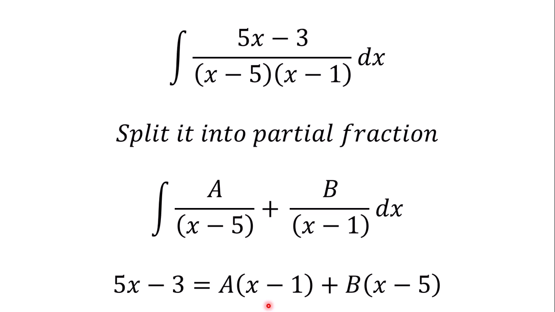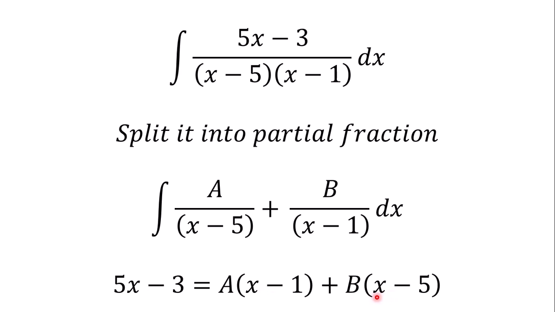So how are we going to use the rule? Well, I'm just going to cover one up and find the other one. Covering one up simply means eliminating one. So how are you going to eliminate one? Just going to eliminate either the whole of this or the whole of this by putting x equal to either plus 1 or plus 5.